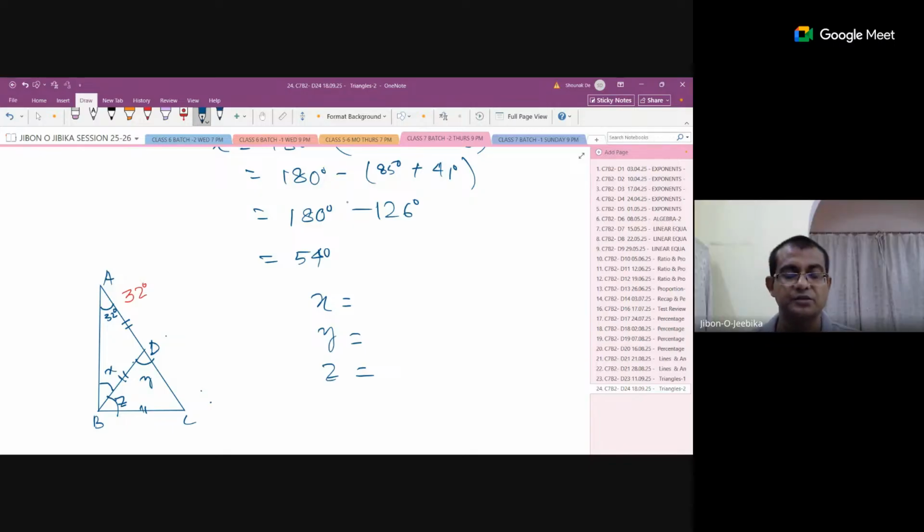আমি তো বললাম তুমি এতক্ষণ তো আমরা ক্লাস করলাম, why didn't you focus in that? This means that those sides are identical. When you give equal to sign like this, that means the sides are equal. That means AD is equal to BD is equal to BC.